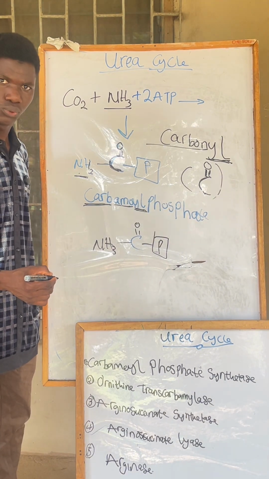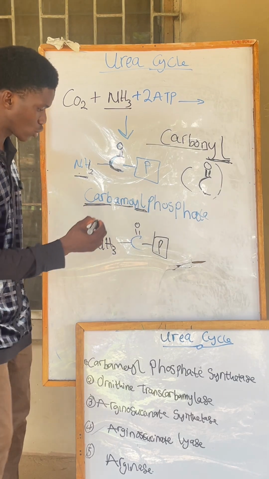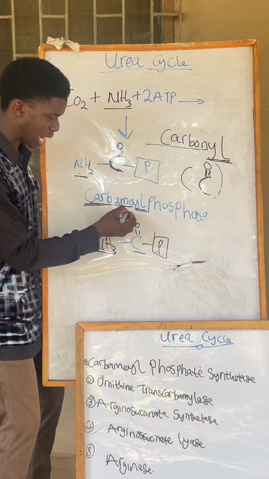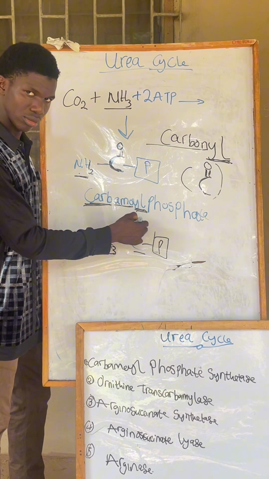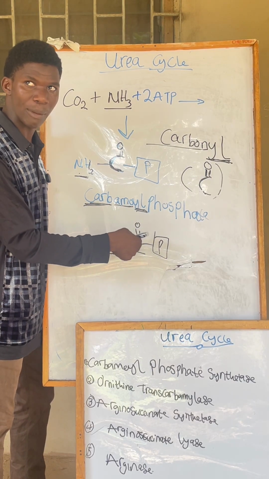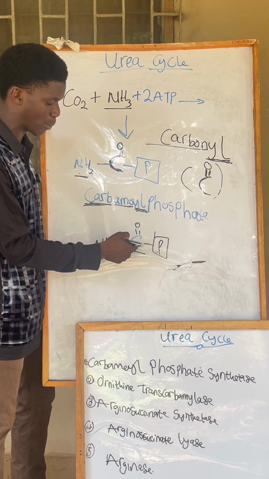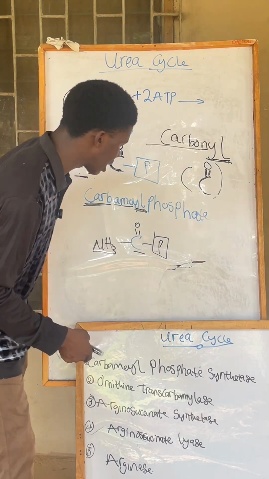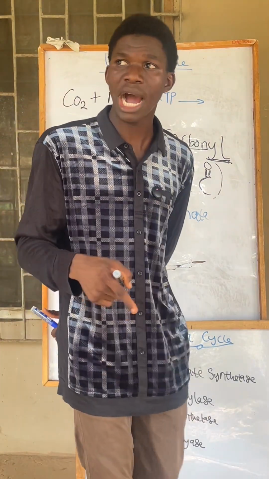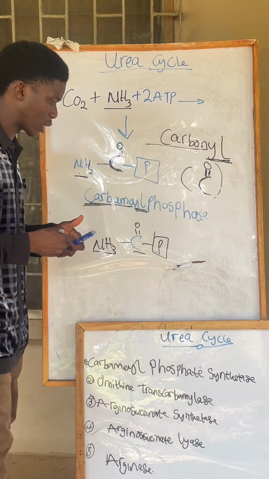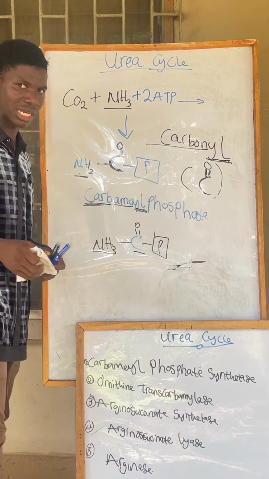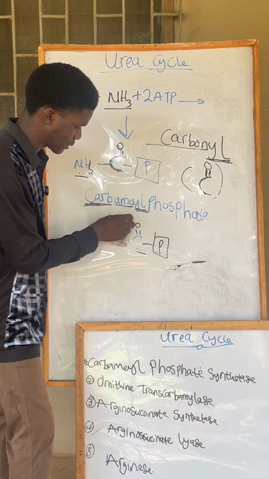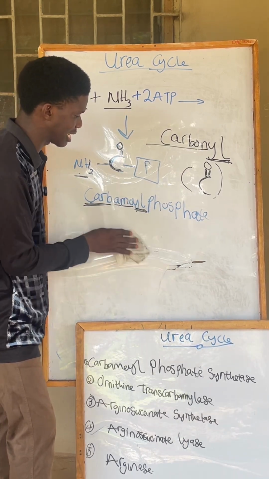So easy. So this is called carbon, ammonia, YL, telling you that it has a carbonyl functional group, that is, it has oxygen. That carbon is a carbonyl carbon, then phosphate. So carbamyl phosphate, carbamyl phosphate. I hope we understand that, and I'm very sure you understand the structure now.